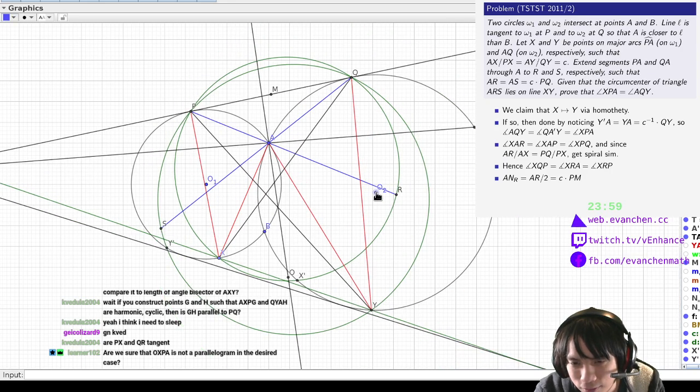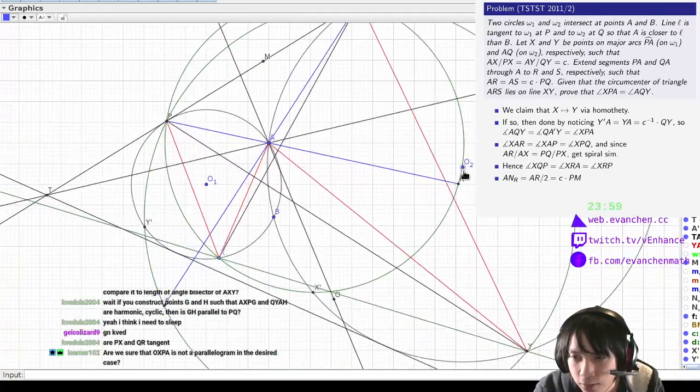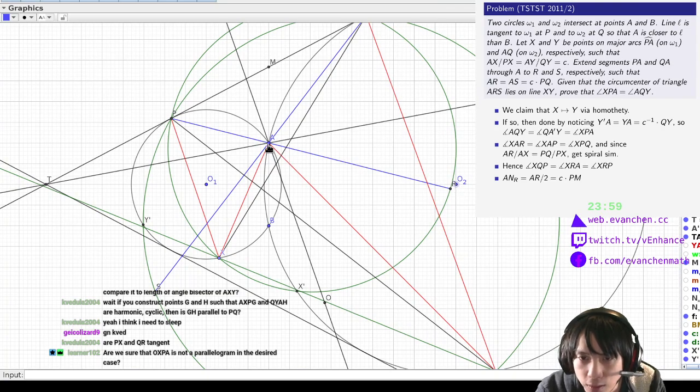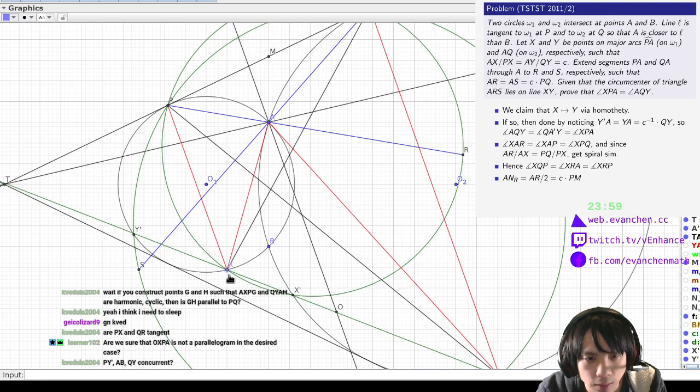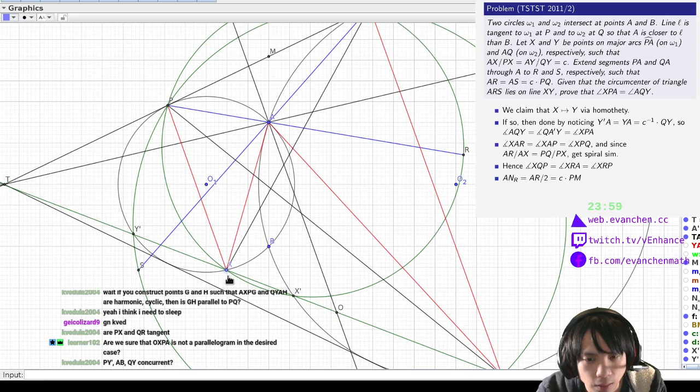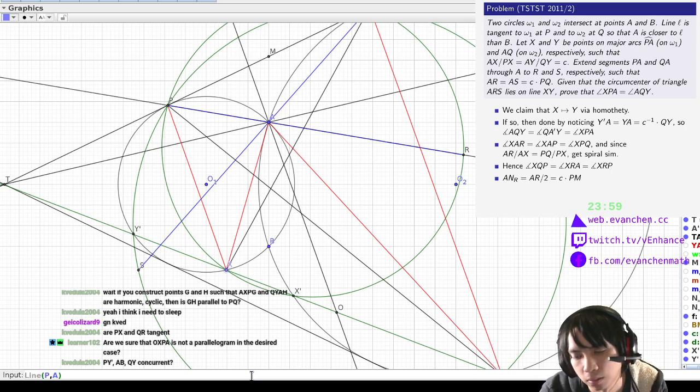Alright, how do I check that? I picked a different picture, right? Yeah, there. That's not parallel.